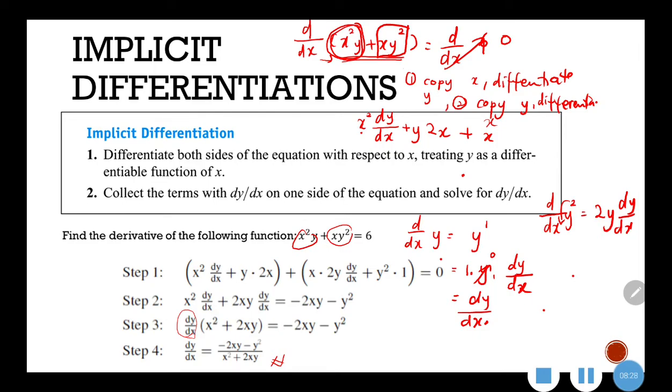So copy x and differentiate y squared, you will get times 2y dy/dx, and then plus, the next step is copy y squared here, and then differentiate x.